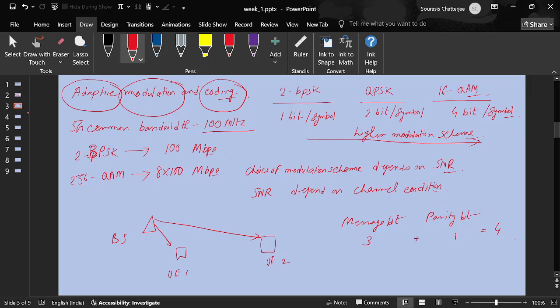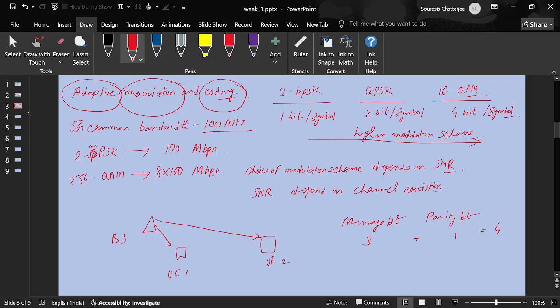So what is my capacity here? 3/4. Well, not exactly. 3 by 4 in the case of BPSK, but let's say it's QPSK.